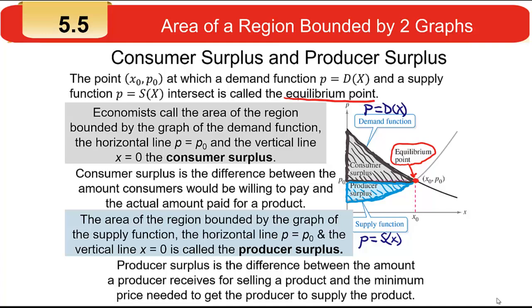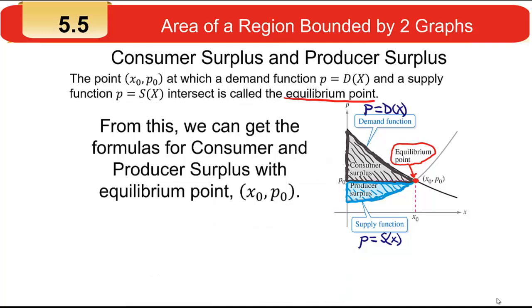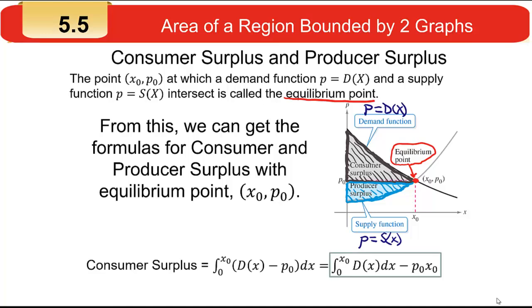That's called the producer's surplus. And as I said, in this class, we're not particularly interested in the theory of all of this, how it comes about and where the formulas come from, but we do want the formula so we can use it and calculate these two quantities. So moving along, consumer surplus is the integral of the difference between the demand function and P sub 0, which is the y-coordinate of the equilibrium point.